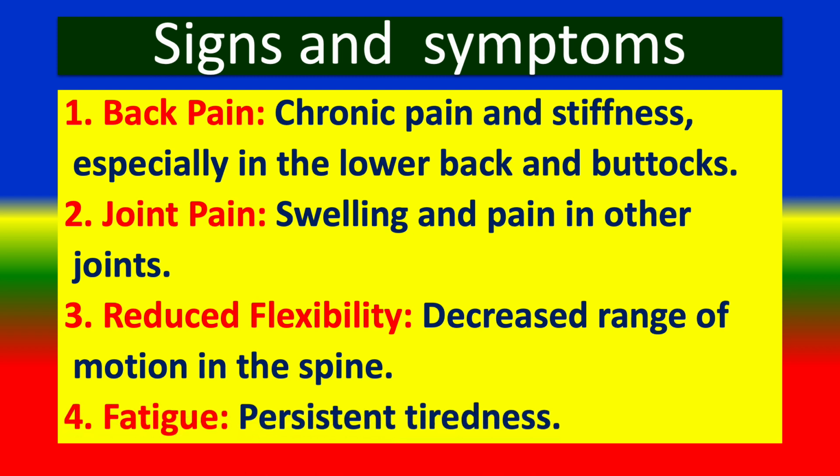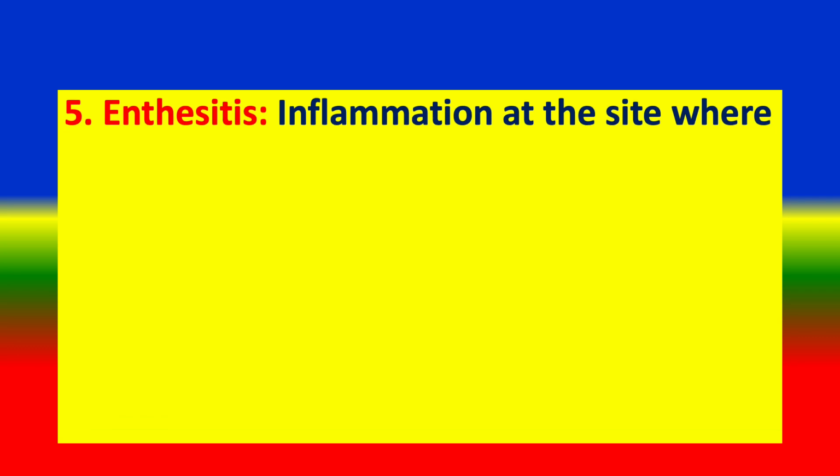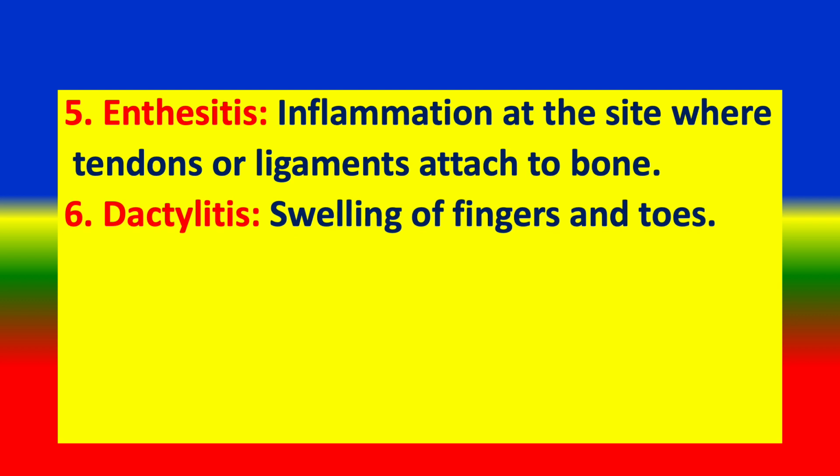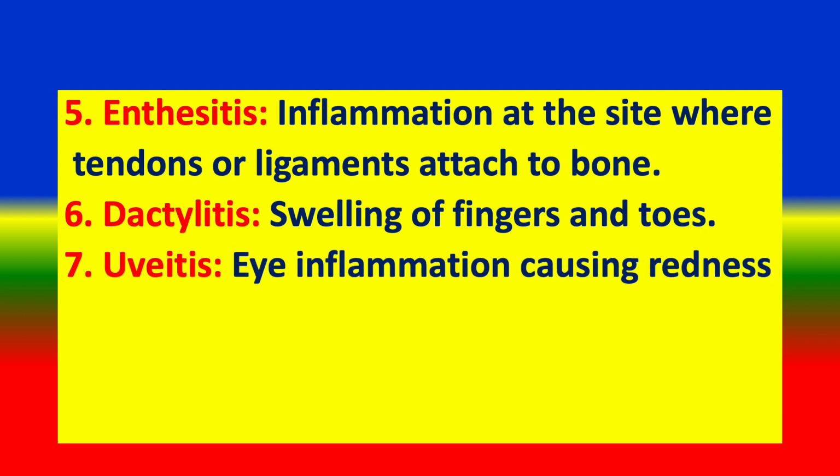Fatigue, persistent tenderness. 5. Enthesitis, inflammation at the site where tendons or ligaments attach to bones. 6. Dactylitis, swelling of fingers and toes. 7. Uveitis, eye inflammation causing redness and pain.